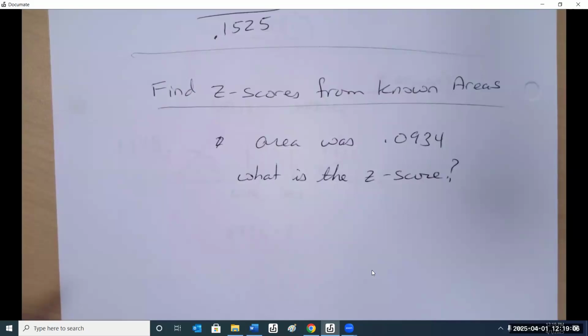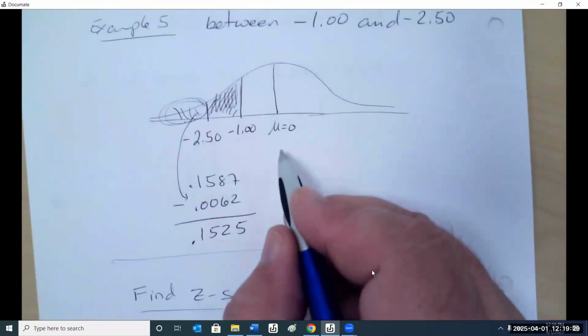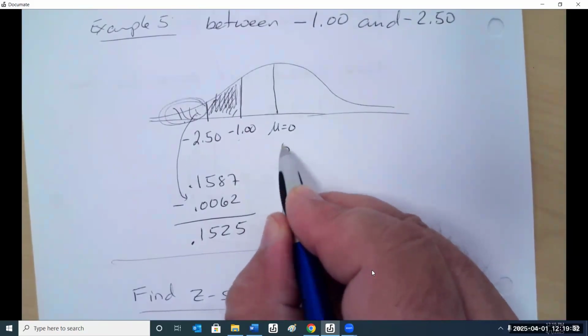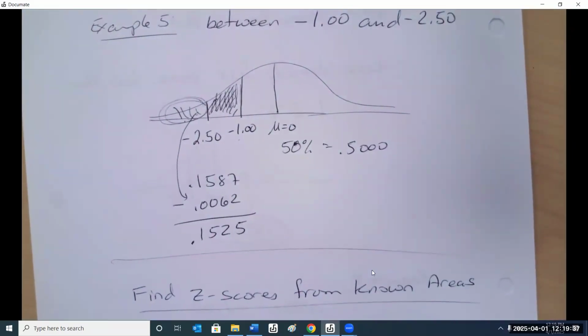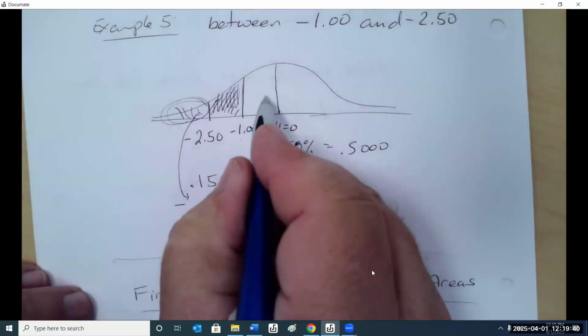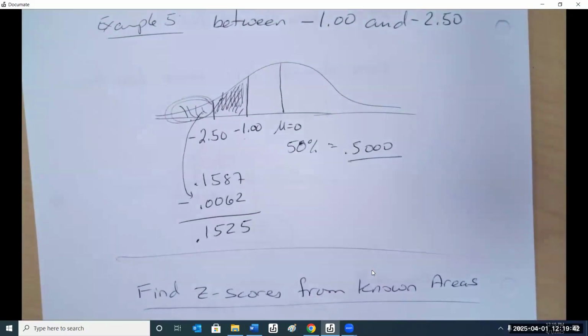Remember, it's either going to be positive or negative. Think about what that means. If it's negative, what side of the mean is it on? On the left side of the mean. And the mean is how many percent? 50%, or 0.5000. So anything to the left has to be less than 0.5000.